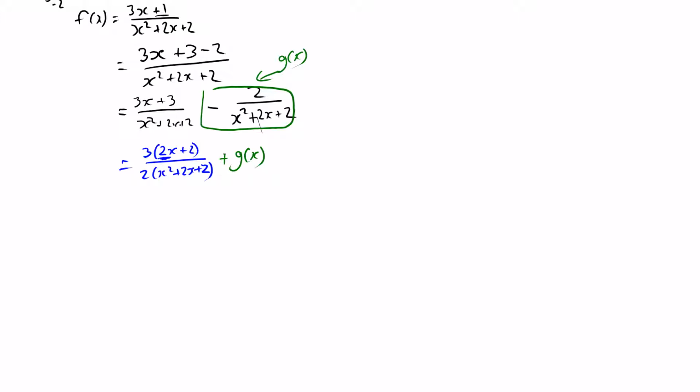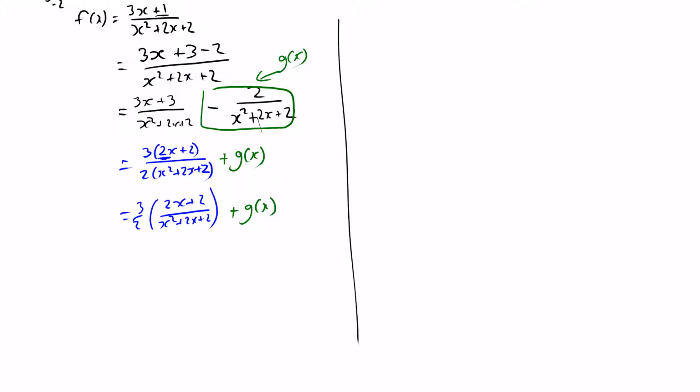Taking out the 3 over 2 completely, we're left with 2x plus 2 over x squared plus 2x plus 2. And now we have our fraction where the top is the derivative of the bottom, so we know we can integrate that. So now let's have a look at g of x.